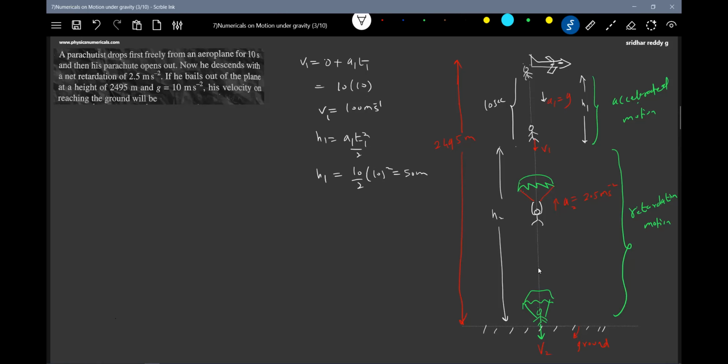So what should the remaining H2 be equal to? H1 plus H2 is 2495 meter. So 50 plus H2 equal to 2495. If you remove this 50, 2445 will be there.